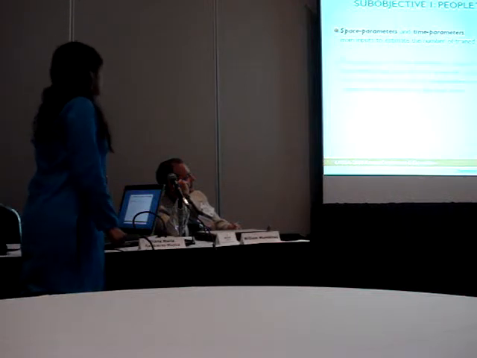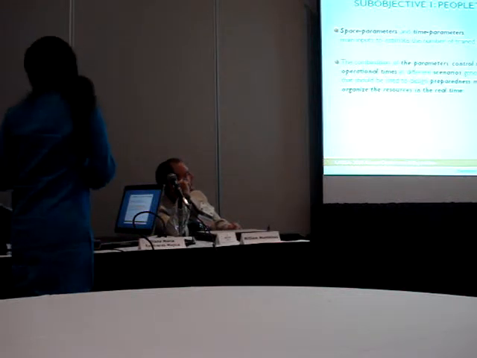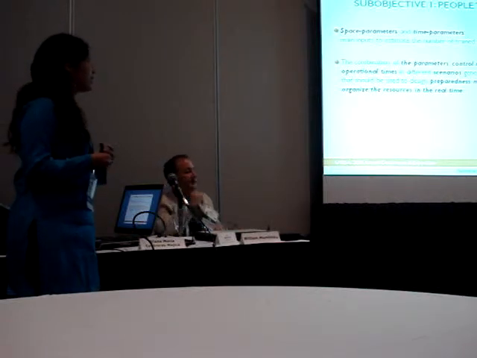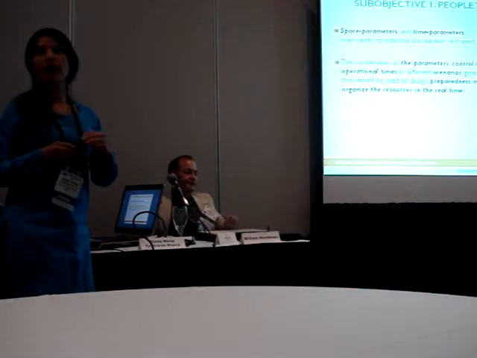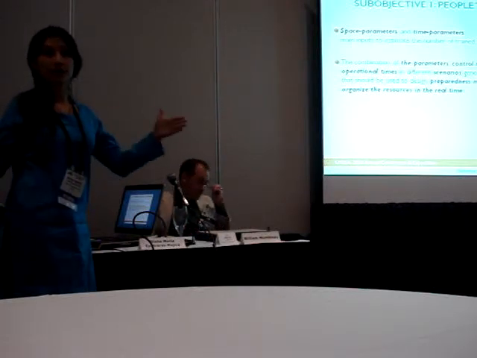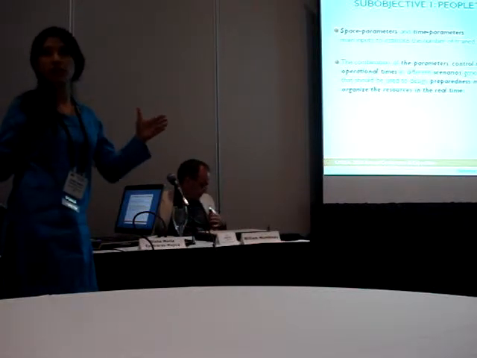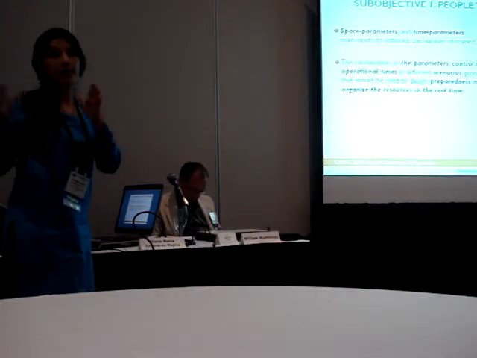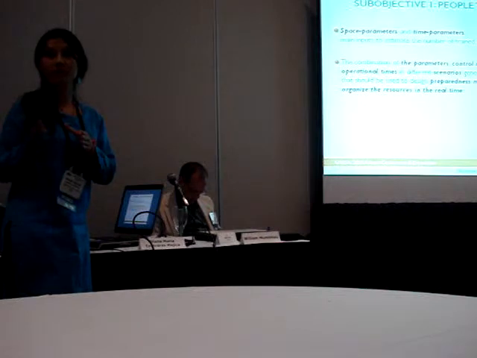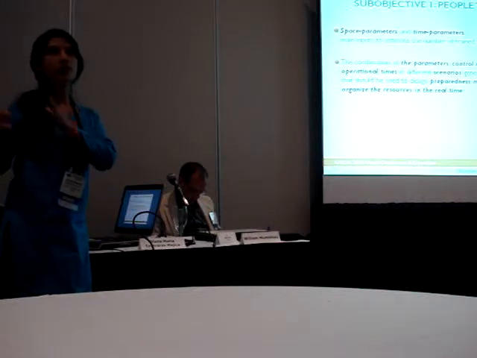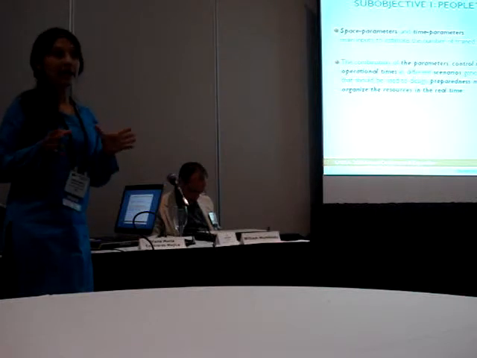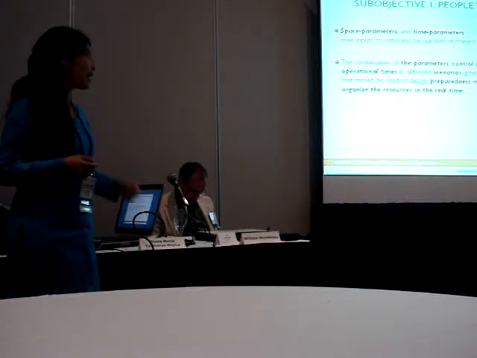And also, we saw that the combination of the parameters, the control range, and the operational times in different scenarios give different values and a wide range of people. But this range is useful in the preparedness phase to know how many people should be trained in the short, medium, and long term, and in real time to organize the resources that we have.